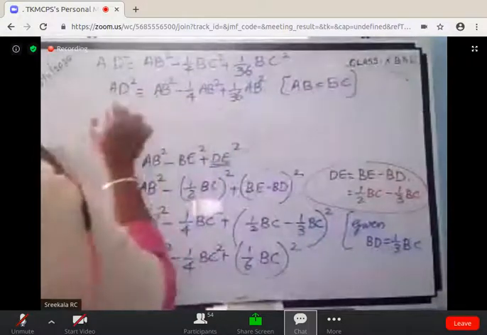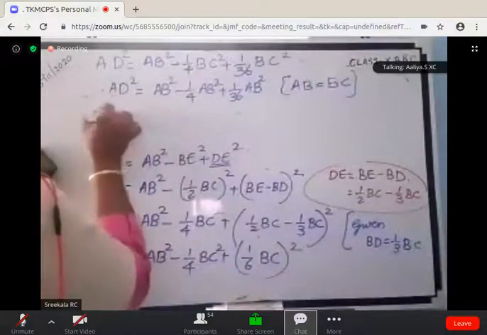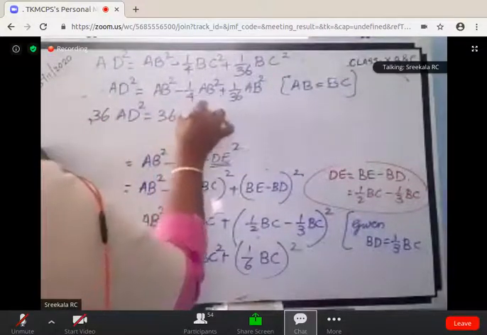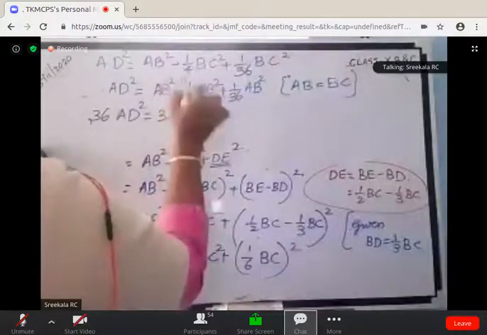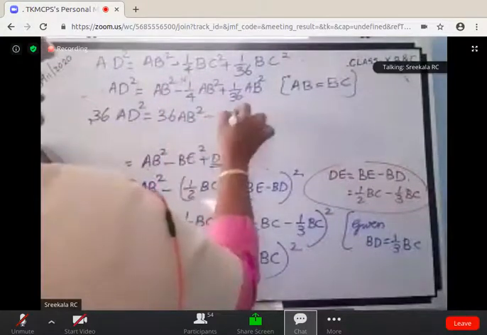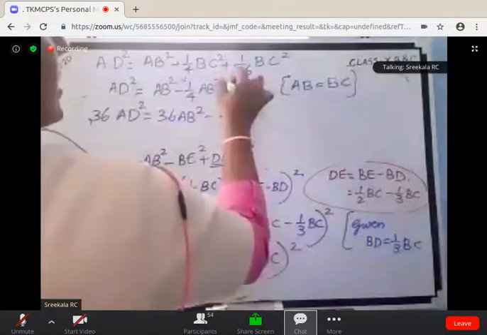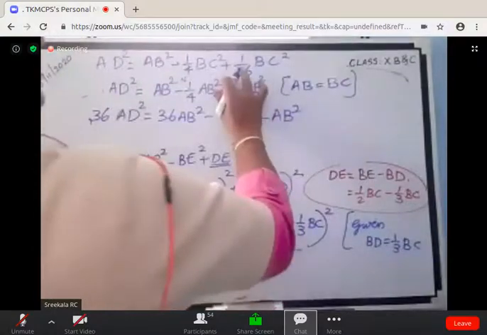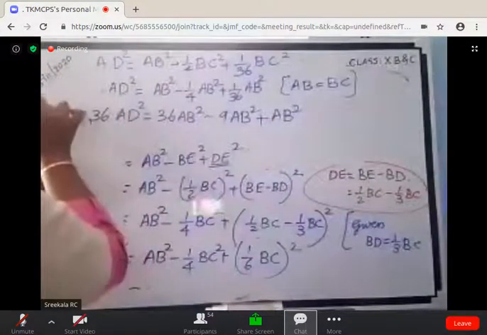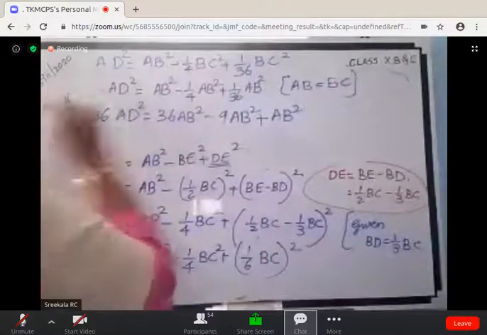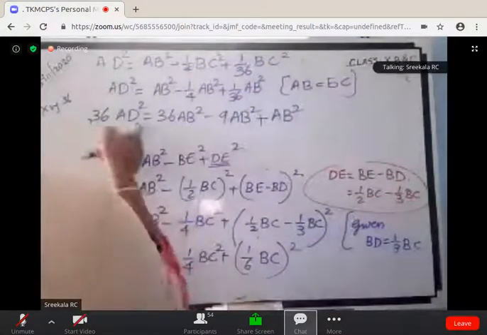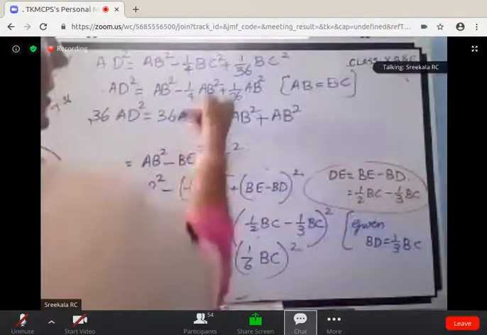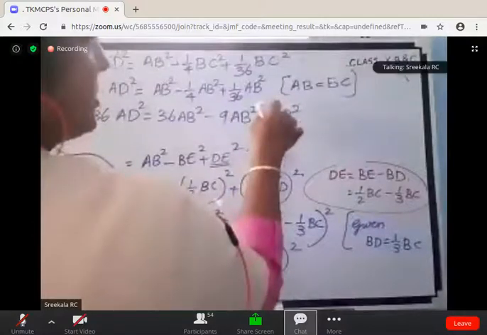Then multiply the whole by 36. 36 AD square equal to 36 AB square minus 36 divided by 4, that is 9 AB square. When we multiply 36 here, 36 and 36 cancel, so here it becomes AB square.